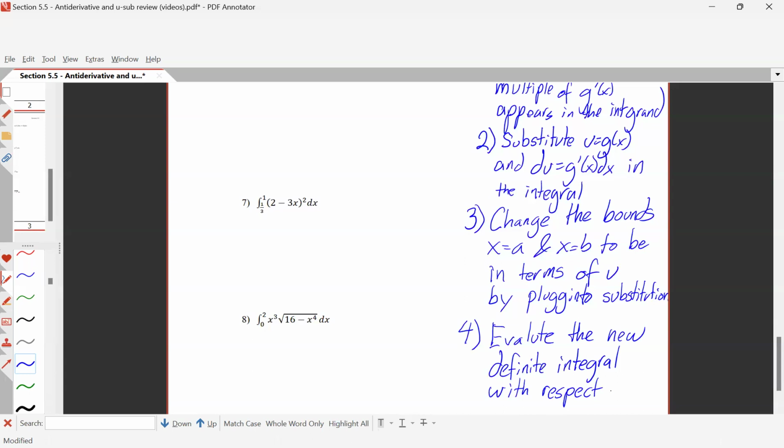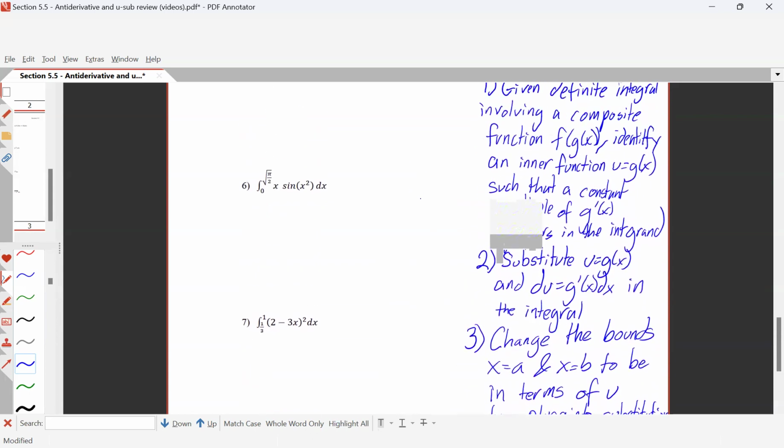The integral with respect to u and the integral with respect to x give us the same value with this substitution. So once we evaluate the integral in terms of u, we're done. That is the integral evaluated with respect to x.